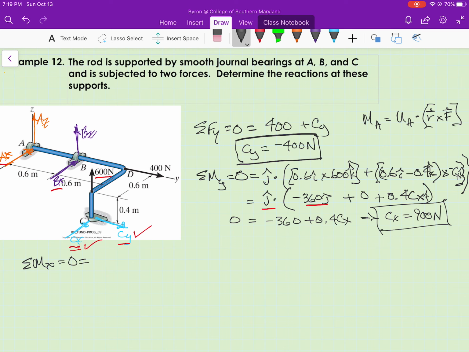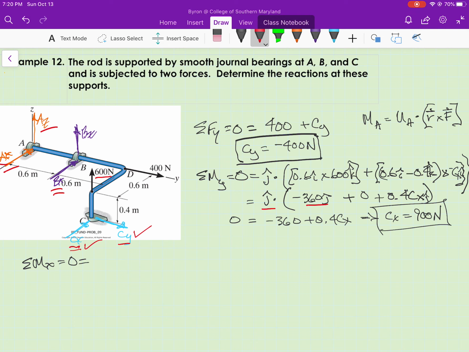equals, now let's look at this here. How did I get that? Well, if I sum moments about the x-axis, a sub z and a sub x either act along or through the x-axis, so they don't create a moment. So those two unknowns won't come into it. b sub x is parallel to the x-axis, so that won't come into it.